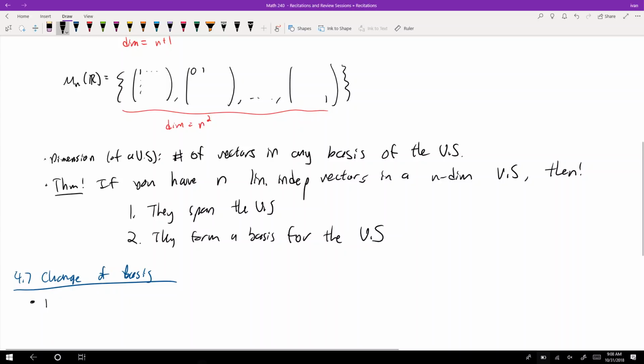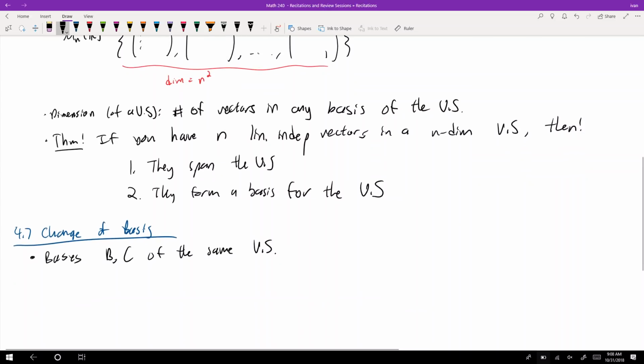You have bases B and C of the same vector space, and P_{B to C}, which I'll write with an arrow, just seems easier to do it this way.